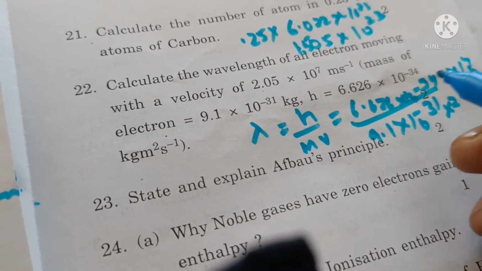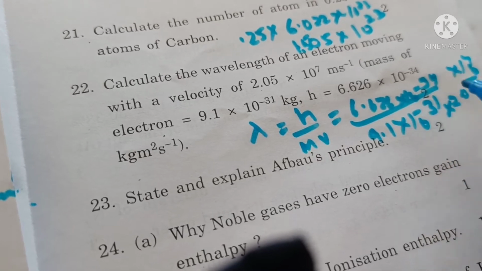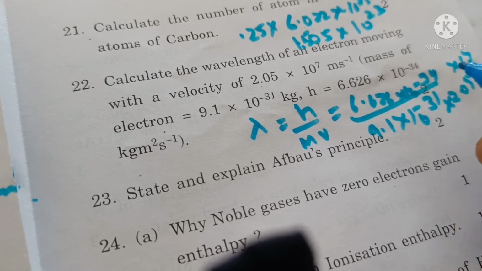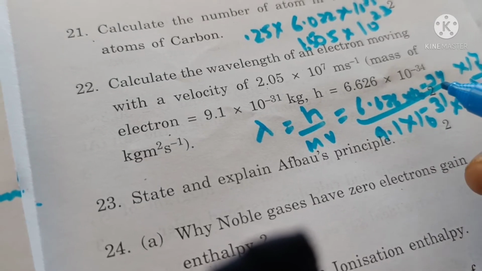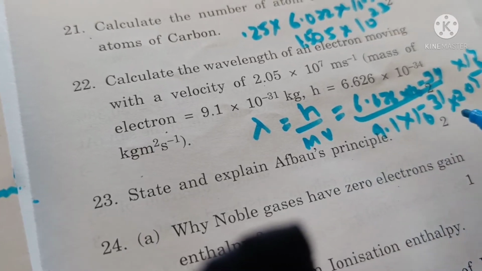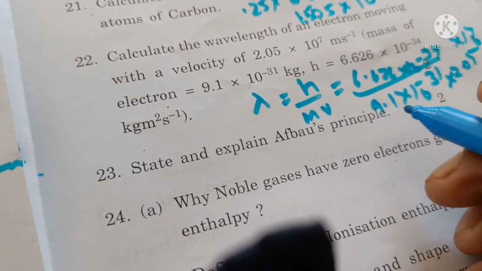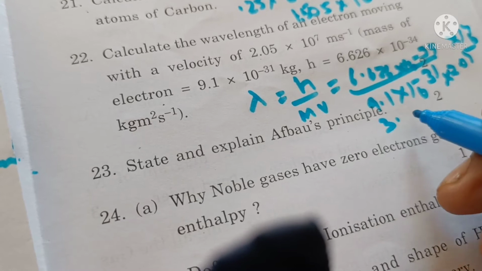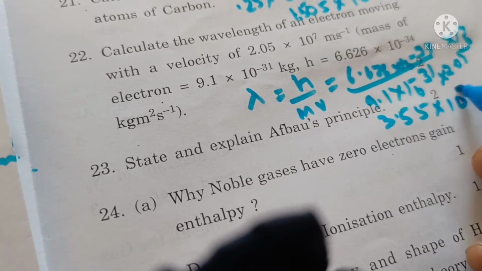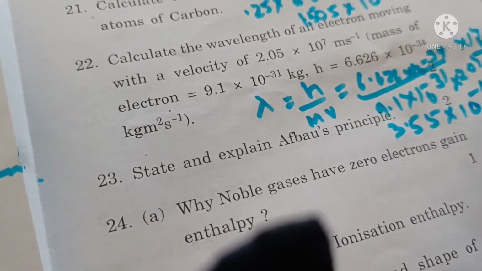So minus 34 minus of minus 31 is minus 3, and minus 3 minus 7 will be minus 10. Now dividing 6.6 with 9.1 into 2.05, the answer comes out to be 3.55 into 10 raised to power minus 11 meters.